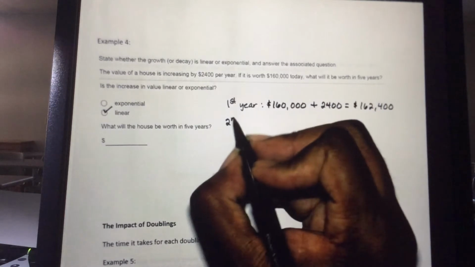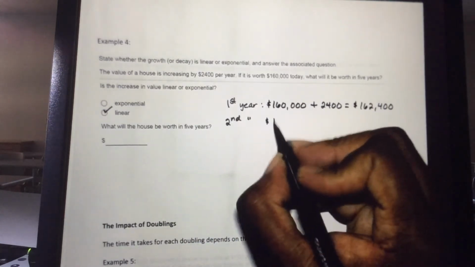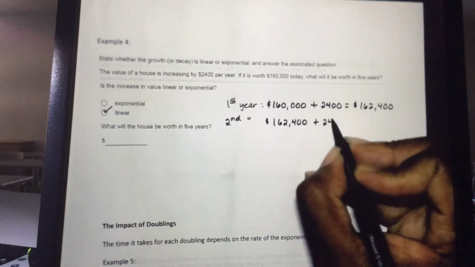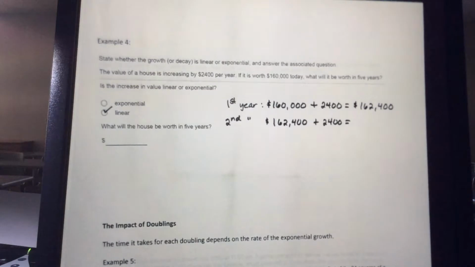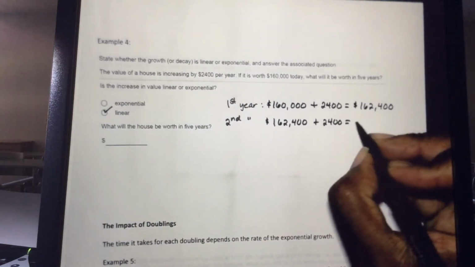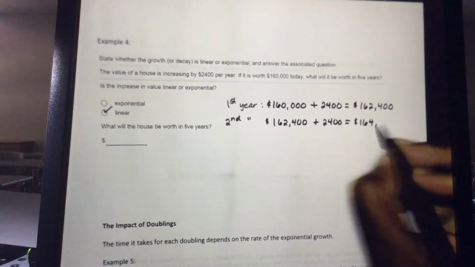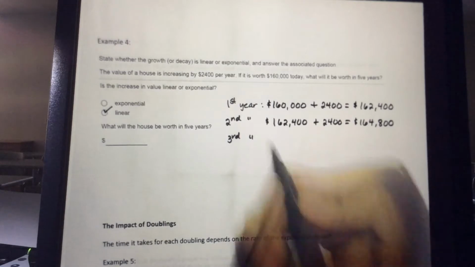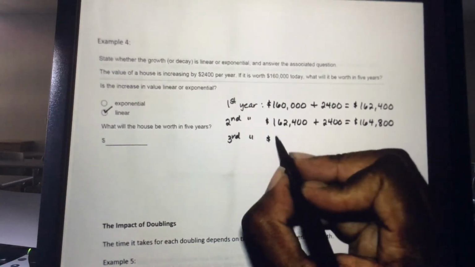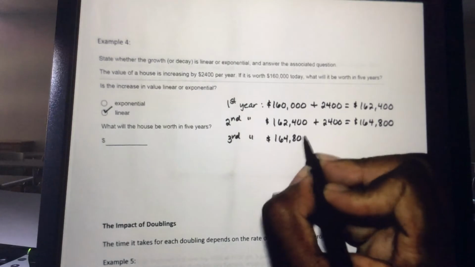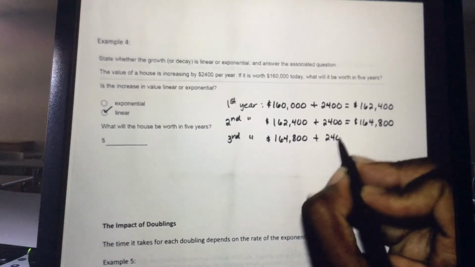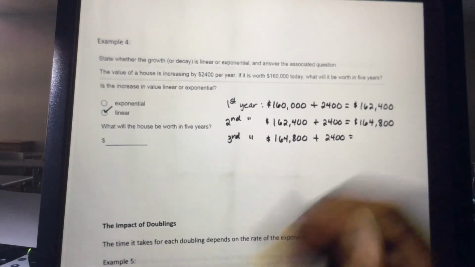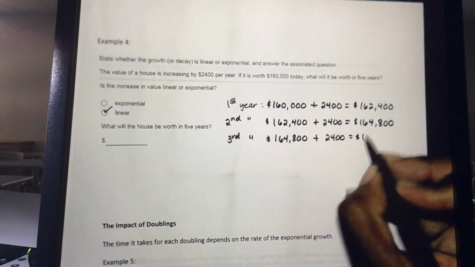And then after the second year, we'll take that 162,400 and add 2,400 to that. You'll get $164,800. And then after the third year, we add another 2,400 to that. You'll get $167,200.